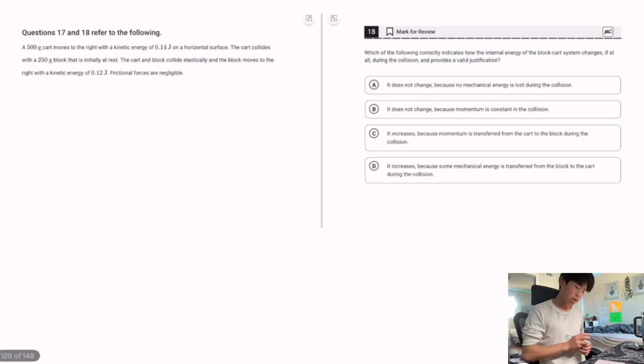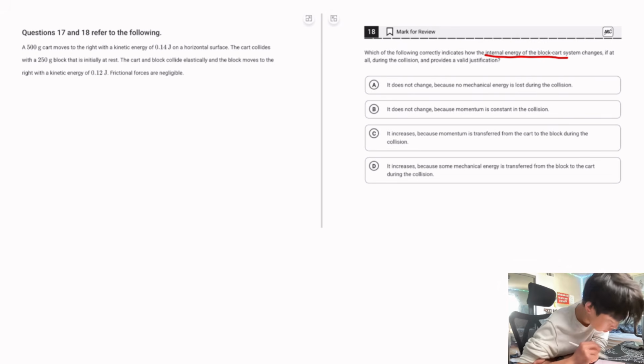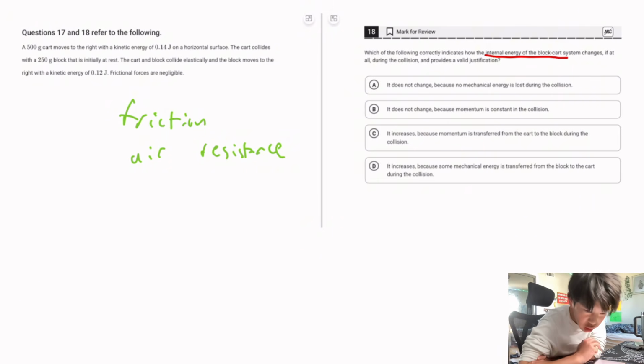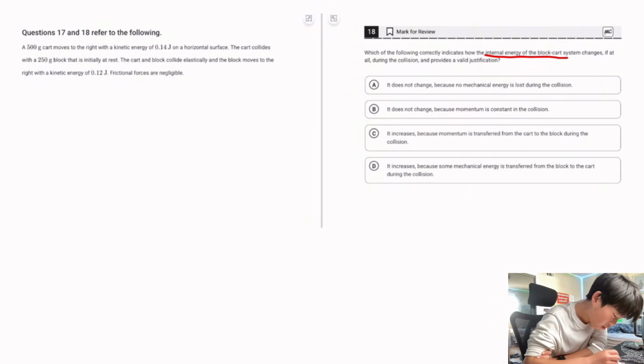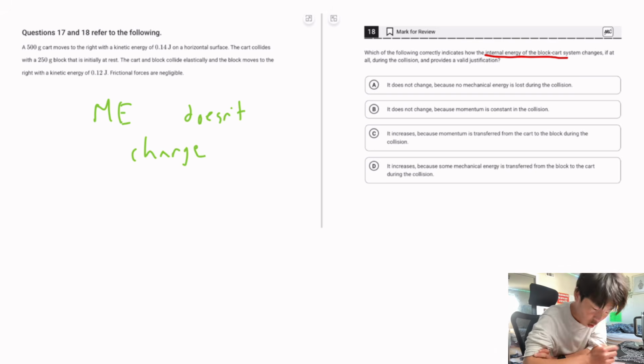Okay? Next question. So now it's asking how the internal energy of the block-cart system changes. So what is internal energy again? Internal energy is all the stuff like friction, air resistance, thermal energy, like sound. So when I say mechanical energy doesn't change, that means only kinetic energy and potential energy.